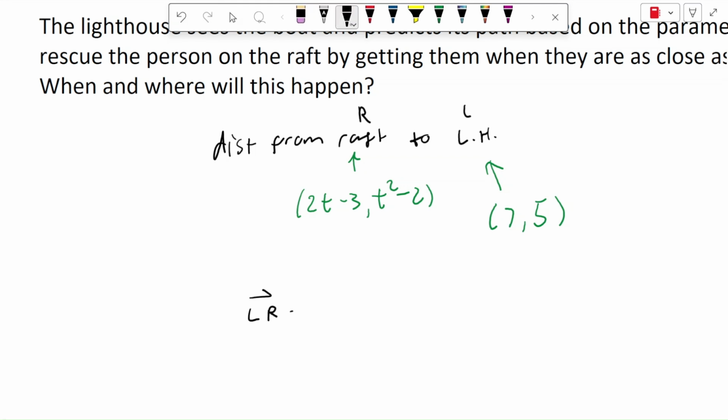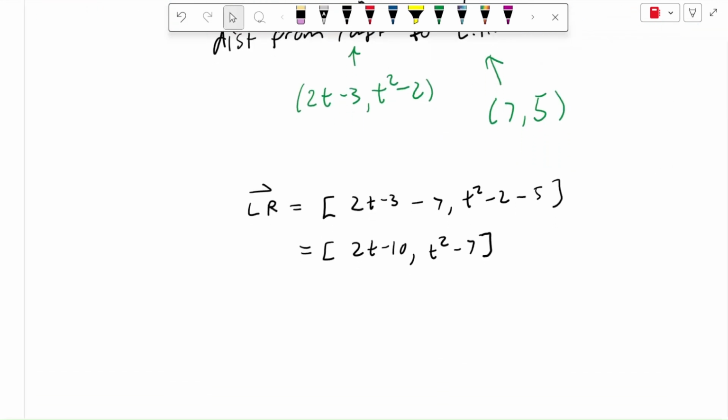Lighthouse to raft. So this would be the coordinates of the raft bit. Take the coordinates of the lighthouse bit. And then if we smoosh those all together, that's 2t take 10 and t squared take 7. Cool. Okay, so that is lighthouse to raft as like a vector.